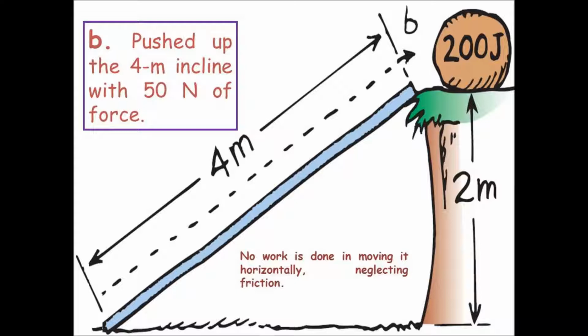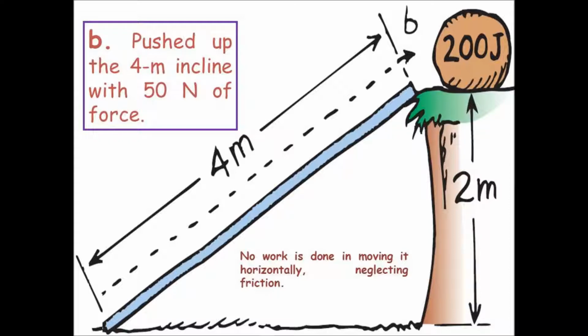It's going to be 200 joules. Or if I have a 4-meter incline, then it would be 50 newtons of force, and that would be the force input. The work output will equal the work input. It'll both be 200 joules.